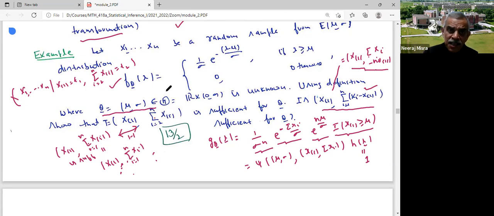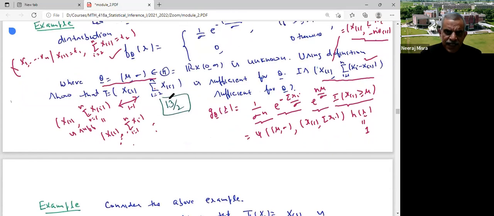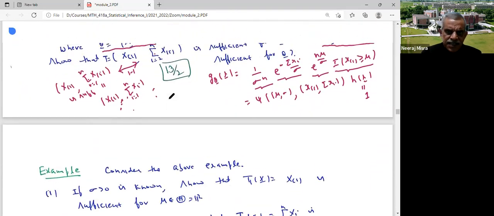But they will give you a lot of insight about how to deal with conditional distributions. I would encourage all of you to do all these exercises from the definition itself. One is you can always use the factorization theorem. But wherever I am giving you problems, try to do them using conditional distribution also, so that x1, x2, xn, given the statistic, does not depend on the parameter. If you have any difficulties, we can always discuss them.